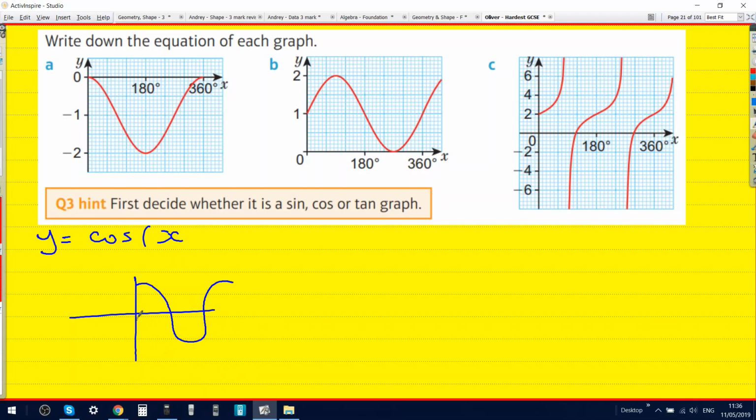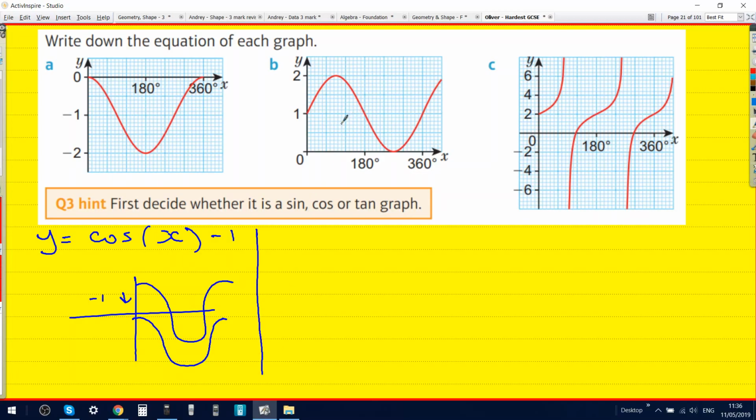So what's happened there? It's -1 in the y-axis. So it'd be y equals cos x minus 1. It's outside the bracket, so it's not in the x direction.